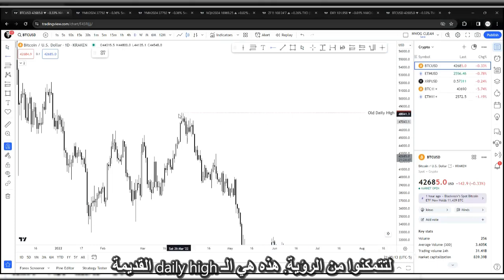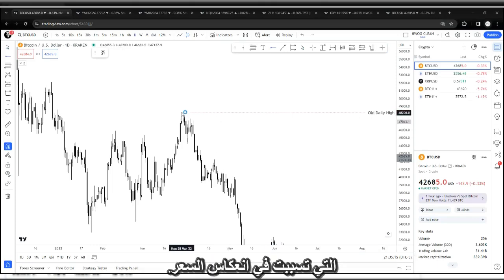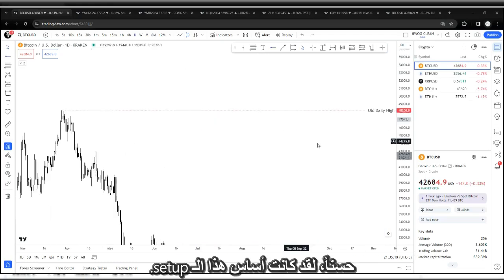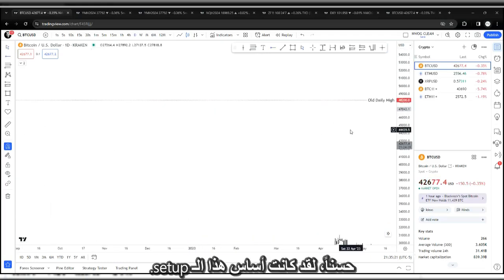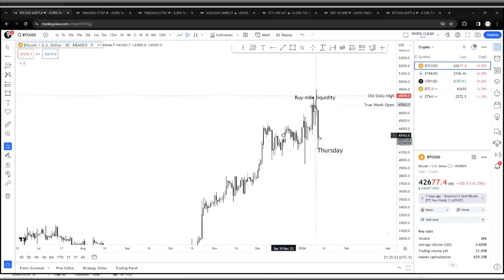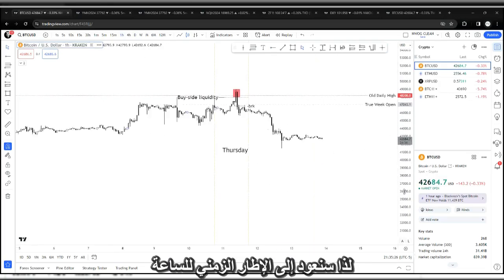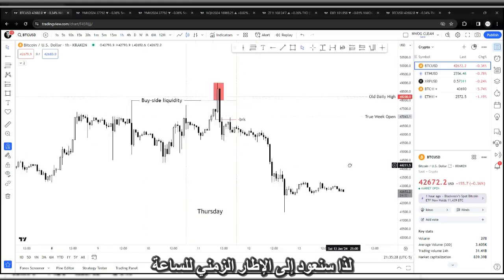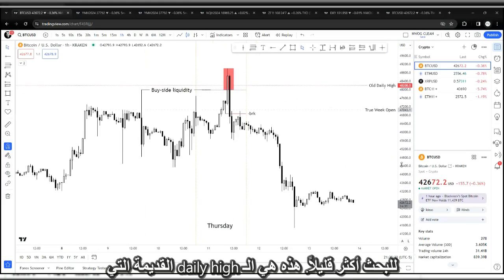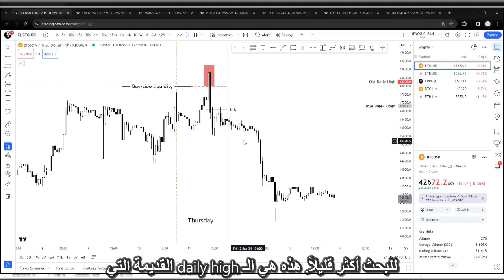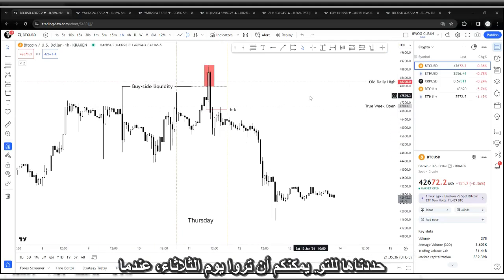So this is the old daily high, which caused price to reverse. Well, it was the base of the setup. So we'll go back down to the 1 hour time frame to investigate a little bit more. So this is the old daily high that we annotated just now.